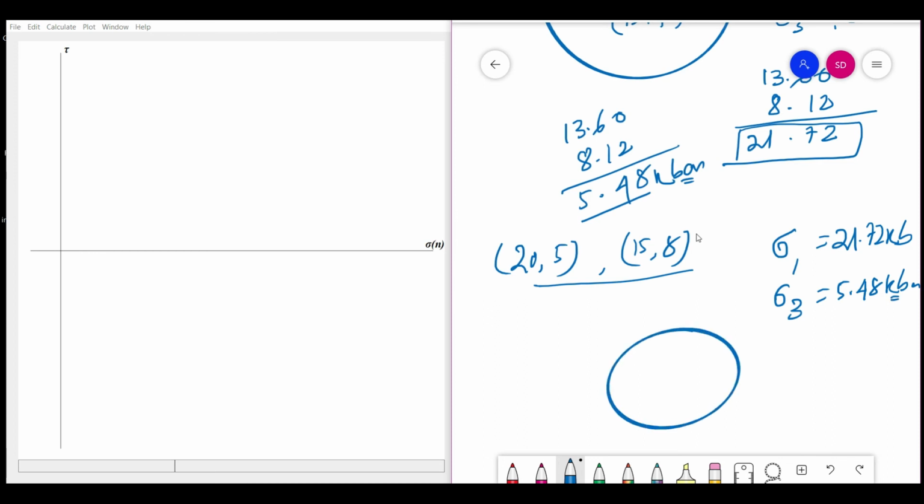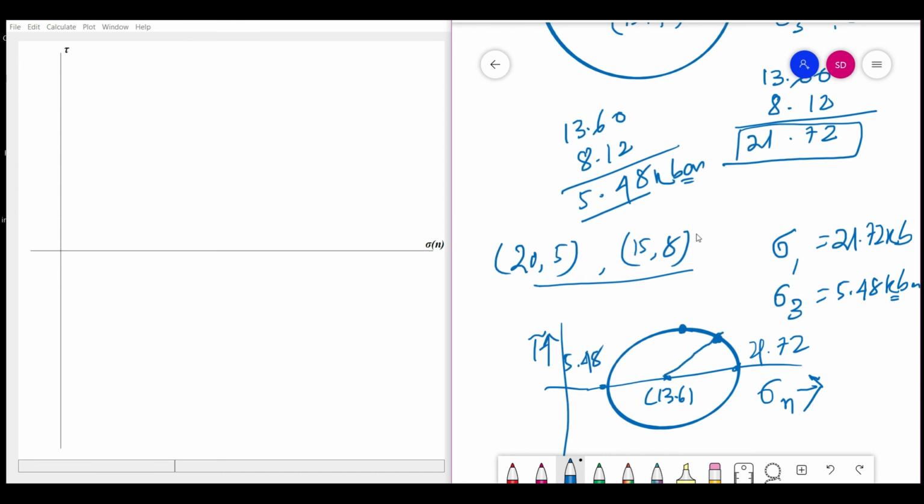Now we can draw the Mohr circle: the center is 13.6, here it is 21.72, and here it is 5.48. We have the tau axis here and the sigma n axis somewhere here, and if we plot the two points, one will be somewhere here and one somewhere here.